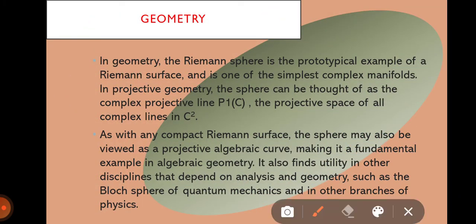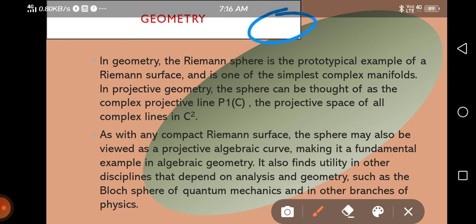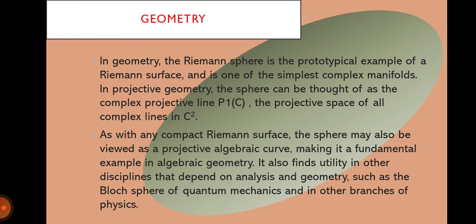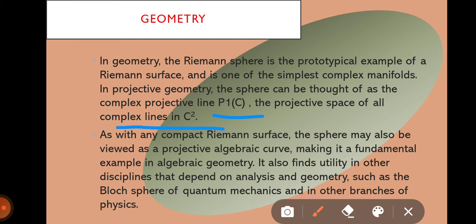In geometry, the Riemann sphere is a prototypical example of a Riemann surface, and is one of the simplest complex manifolds. In projective geometry, the sphere can be thought of as the complex projective line P1 of C, the projective space of all complex lines in C2.